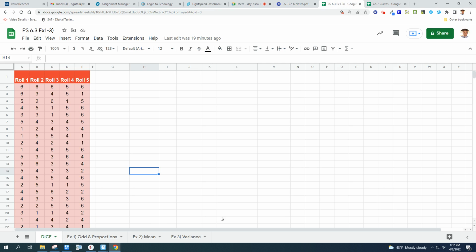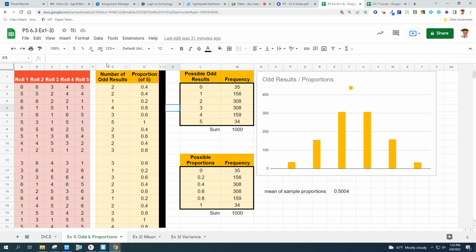I made this spreadsheet, and what I've got here is I'm rolling a die 5 times right there. So this would indicate one iteration of this experiment. For example 1, we're talking about odd number results.